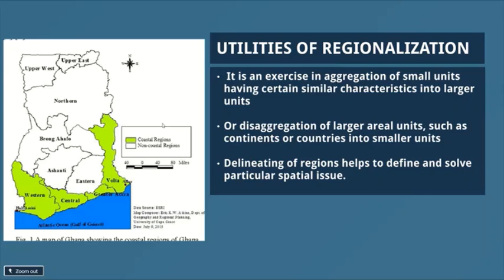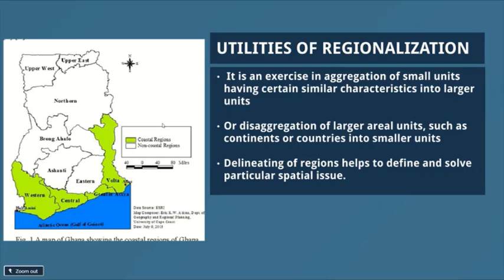One of them is that they all share boundary with the coast. They are coastal regions, and they are also involved in fishing. So we can decide to classify these small units as what? Coastal regions. In that case, we are aggregating small units based on the homogeneity they share into a larger unit.